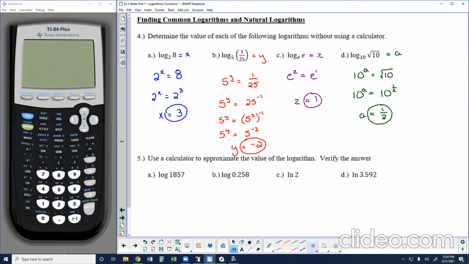So in some instances where we have to evaluate a logarithm, we can convert that logarithmic equation into an exponential equation, and then we are able to evaluate. Now, in some instances, we can evaluate or approximate the evaluation of a logarithm using the calculator. So notice that in 5, none of these logarithms have a base written for us. If a base is not there, we can assume or write this as log base 10.